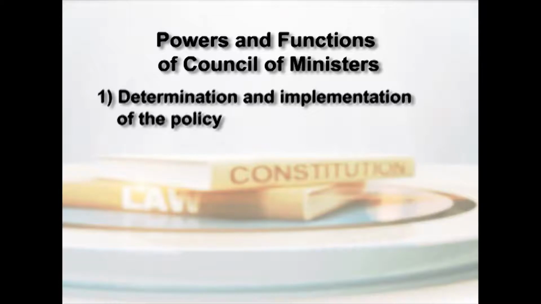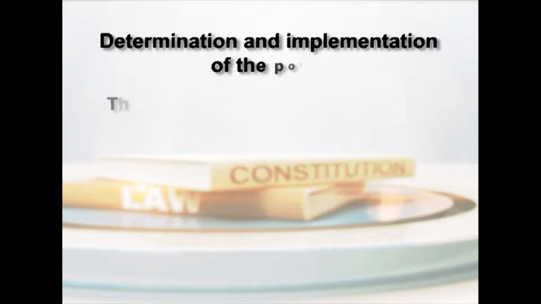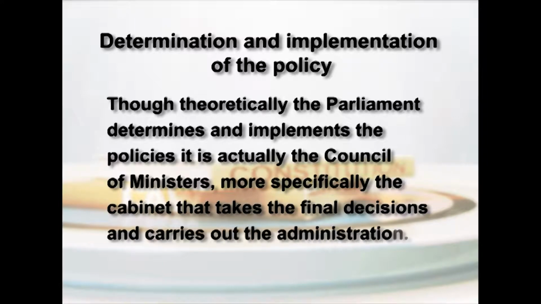First of all, the determination and implementation of policy. Theoretically, in a parliamentary system, it is the parliament which determines the policies, and on the basis of such policies, the Council of Ministers makes a final decision and carries out the administration. But in reality, we find that it is the cabinet and not the parliament which determines the policies.